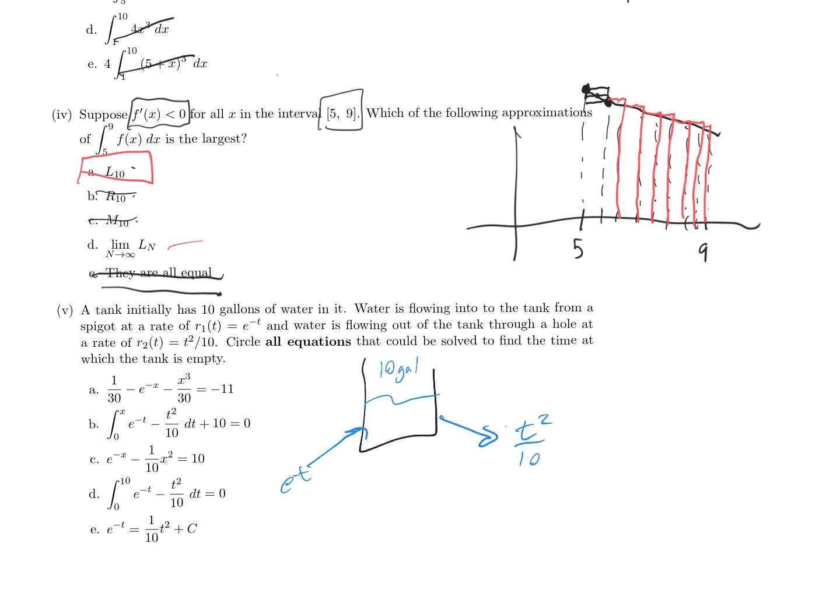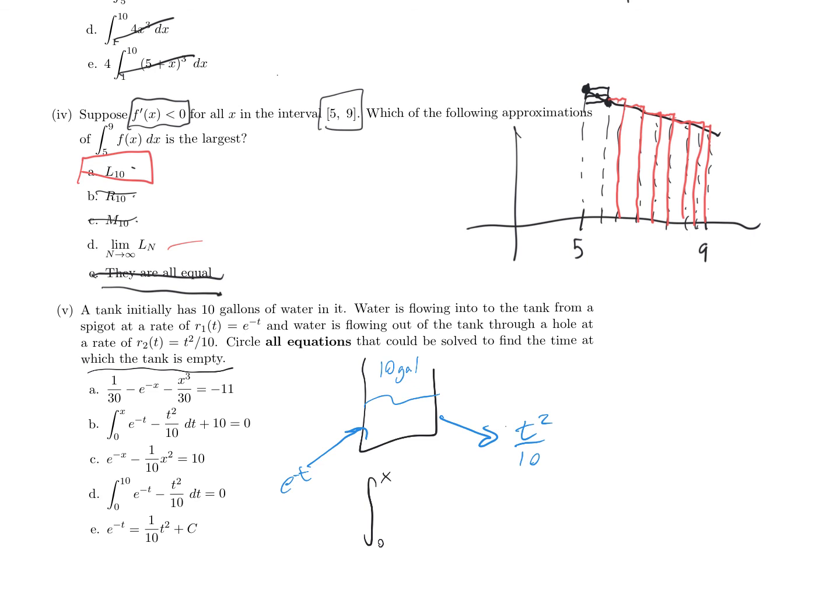I am asked to find an equation that I can solve for x, where x will be the time in which the tank is empty. Well, I know with my equation, if I'm dealing with rates, and probably because this exam is over integration, we're going to have an integral, but what goes into it? What I'm going to do, I'm integrating from 0 to x, because x is my time.